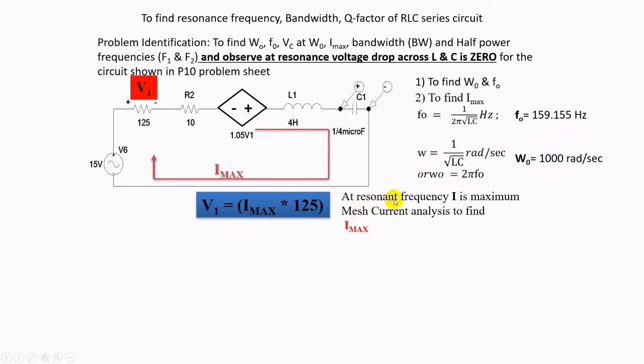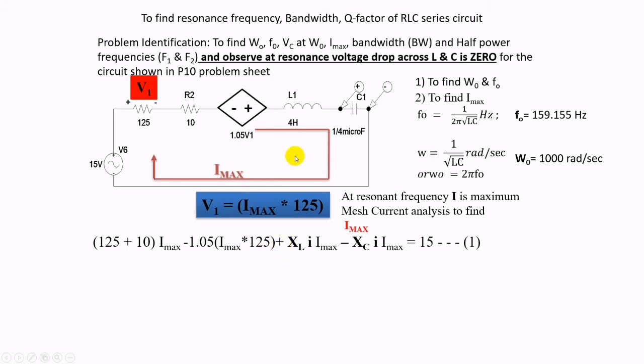At the resonant frequency I is maximum, and by applying mesh current analysis to find Imax, we get the equation: 125 plus 10 into Imax, minus 1.05 into V1, or minus 1.05 into Imax into 125, plus XL I Imax minus XC I Imax equals 15.